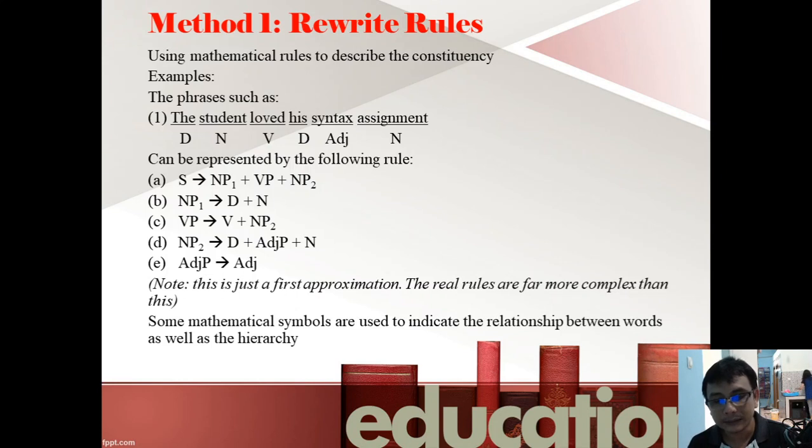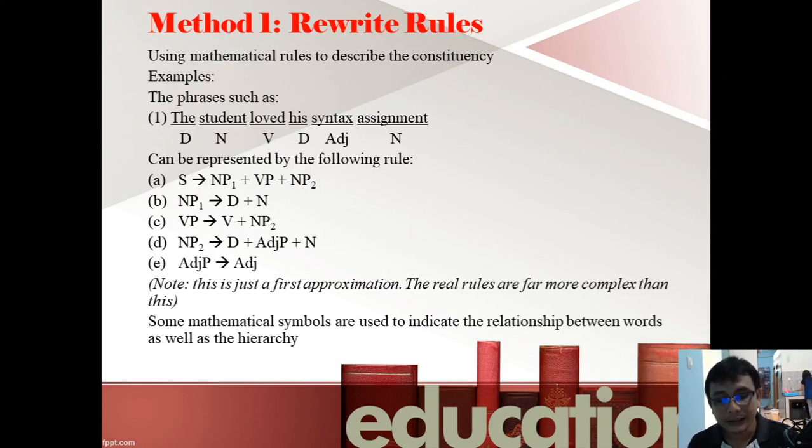Then noun phrase 1 consists of determiner the and noun student, D plus N. Later I am not going to use this plus sign, because it goes against the idea that sentences are not sequential. I only use it to demonstrate the concept that a noun phrase is a combination of a determiner and a noun.